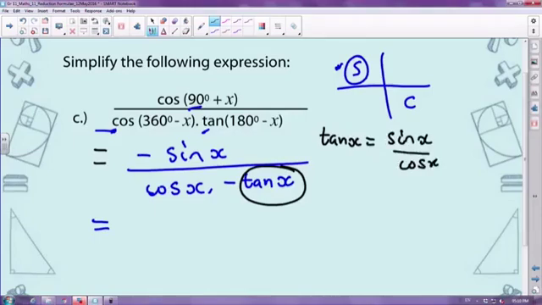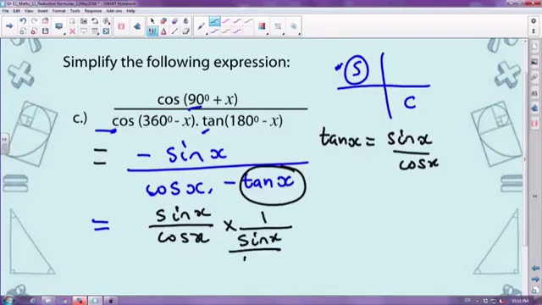So negative over negative is a positive, so you've got your sine x over cos x times, there's a 1, sine x over cos x. So this is over 1. Now, if you look, this is cos divided by cos, sine divided by sine, and you get your answer to be positive 1. So well done to all of you who've got the correct answer, which is 1.